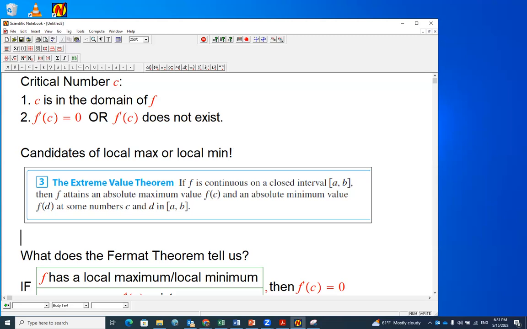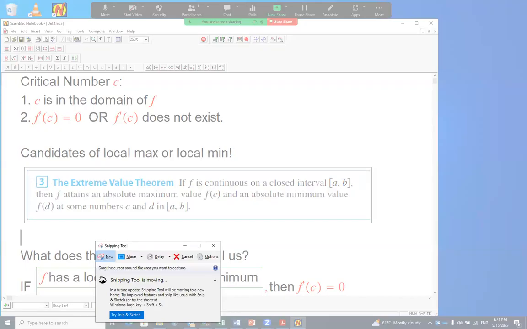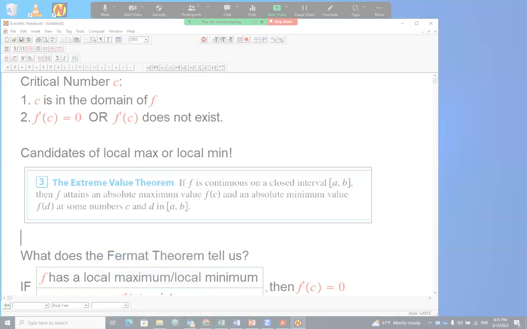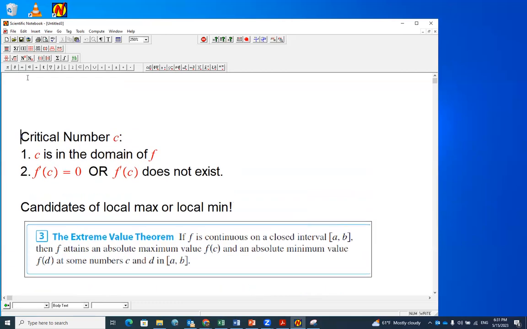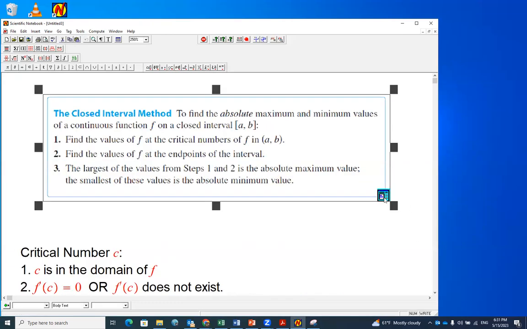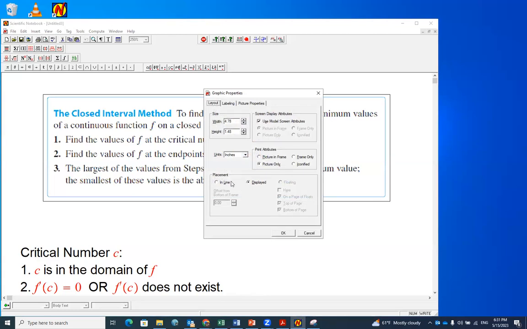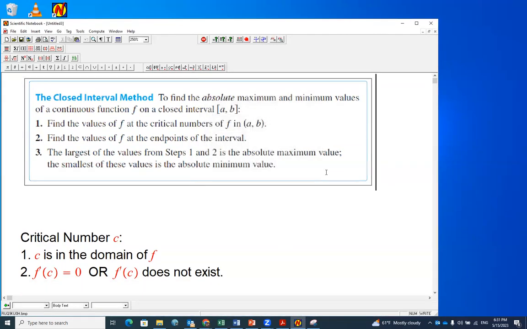I'm going to bring that to you as we do an example. How do we find absolute max and absolute min on a closed interval if the function is continuous? Combined with all of these theorems, we have the closed interval method.